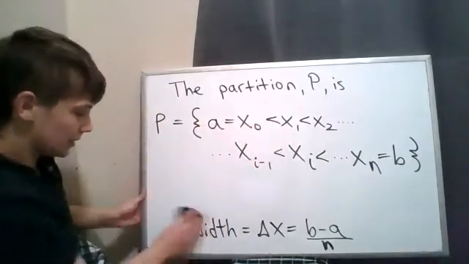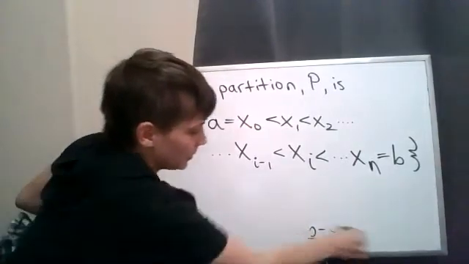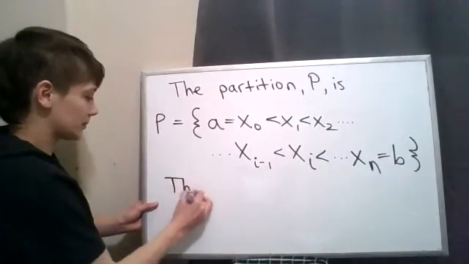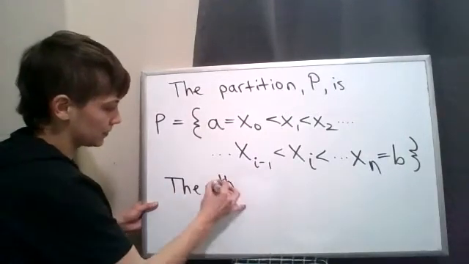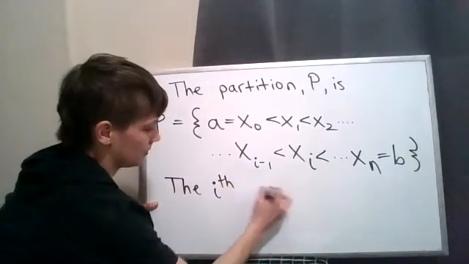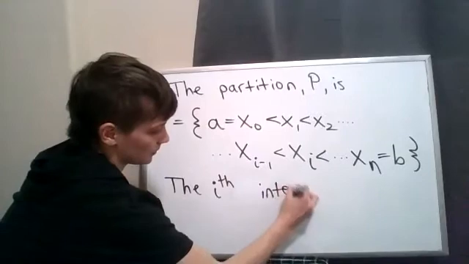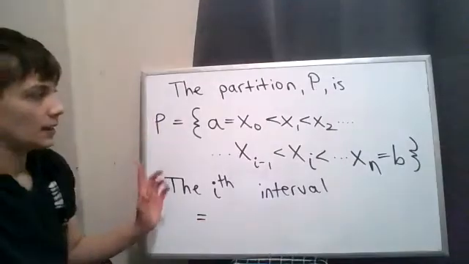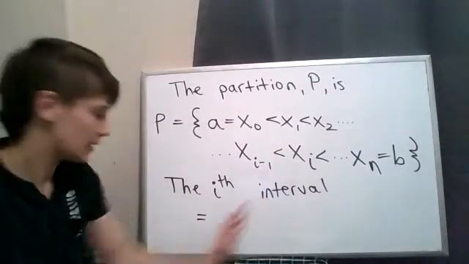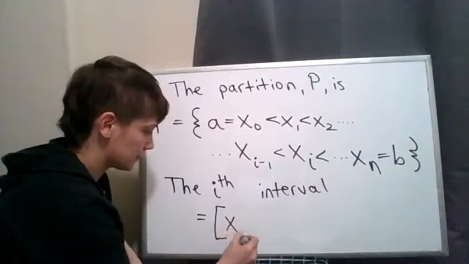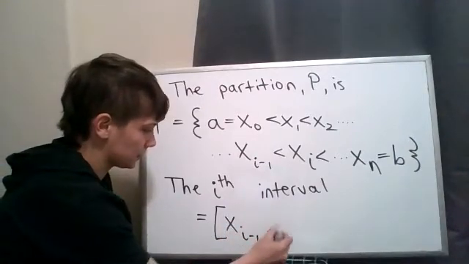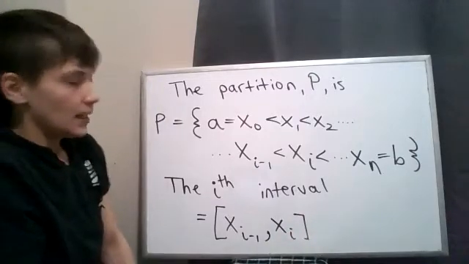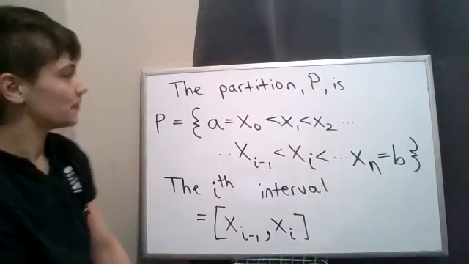So first, a subinterval would be called the ith interval, and it would go from x sub i minus 1 over to x sub i. And at this point, I feel like we should draw a picture.